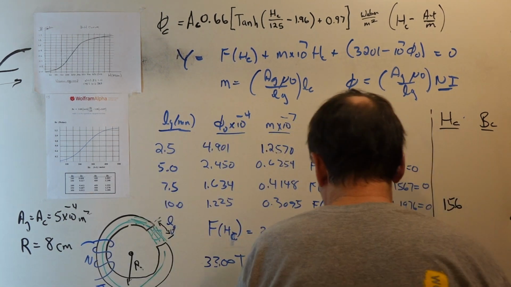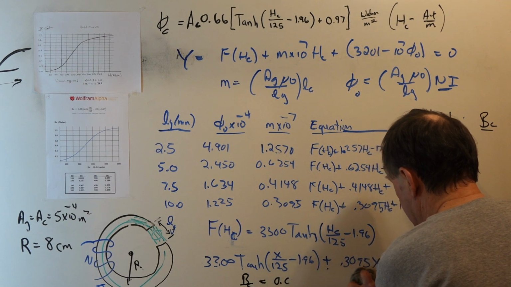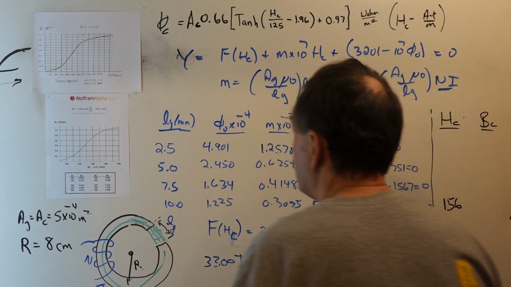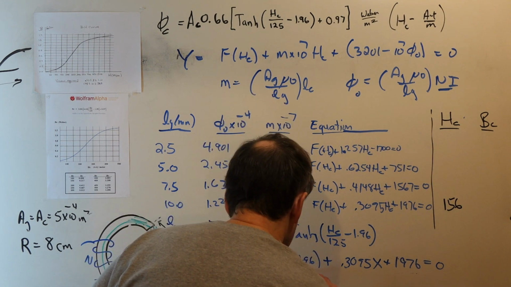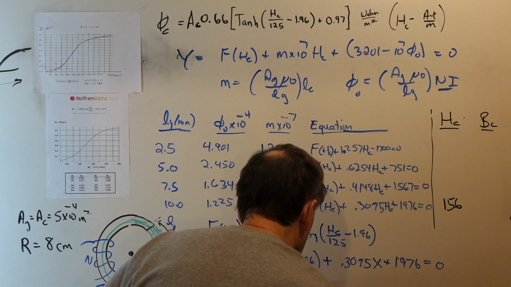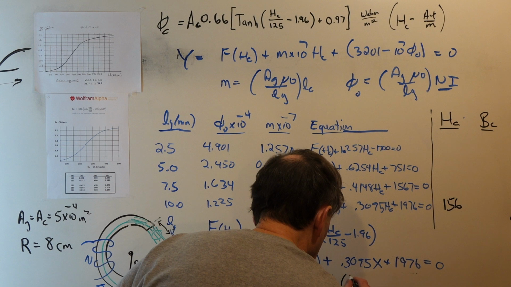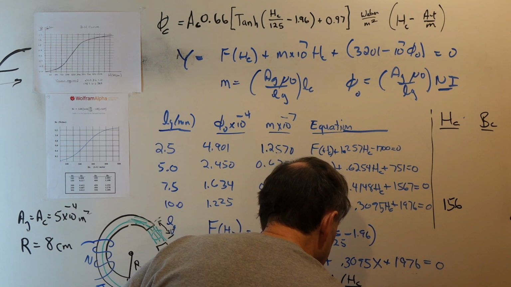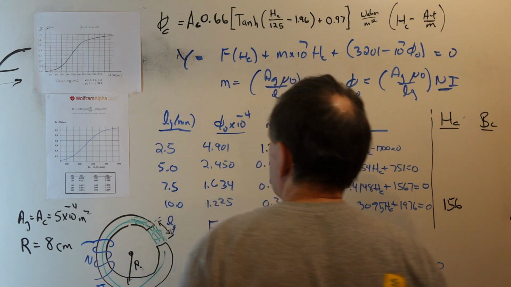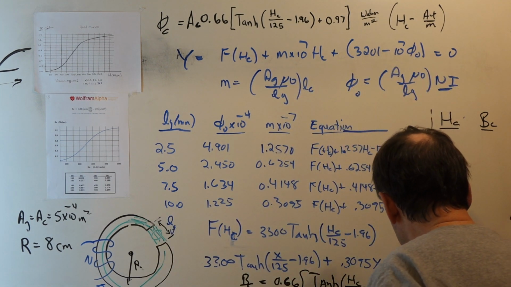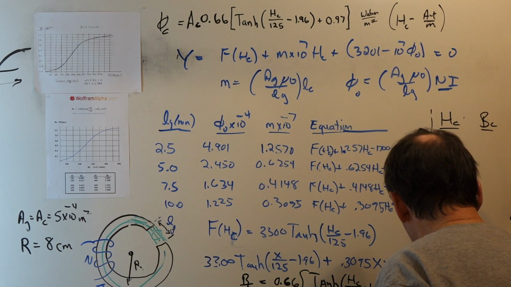Got a mess here. Let's redo this. So this is 0.66 times the hyperbolic tangent of HC over 125 minus 1.96 plus 0.97.